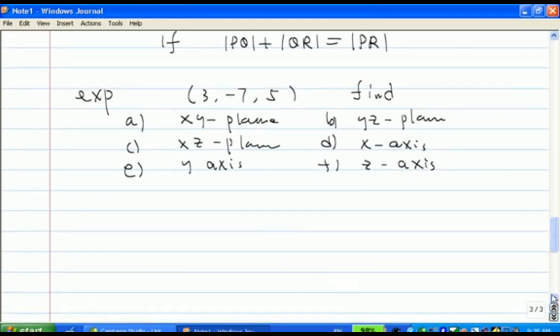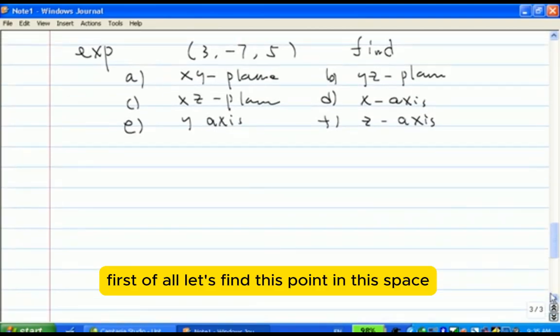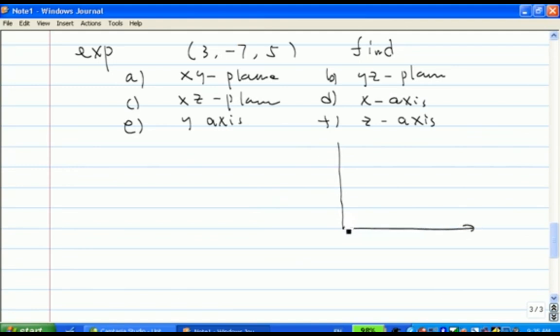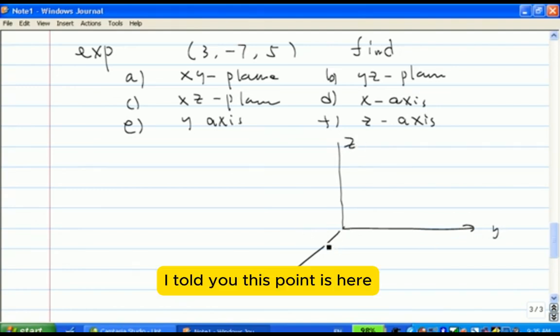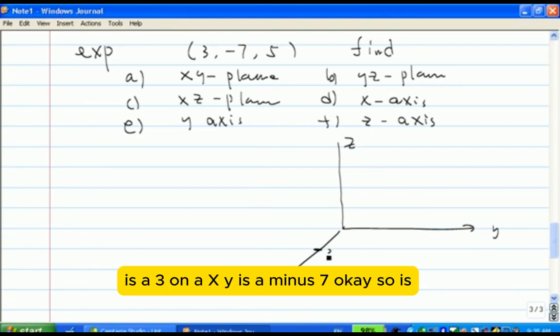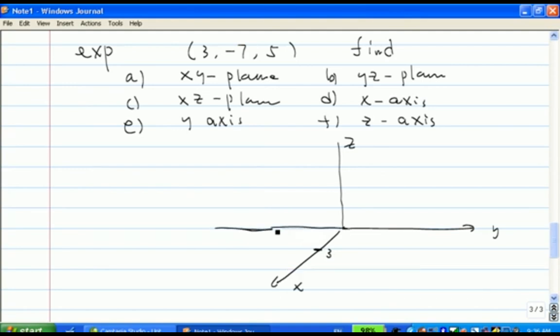Okay. First of all, let's find this point in space. X, Y, and Z. Okay. This point has a 3 on the X axis, Y is -7, so it is here at -7.